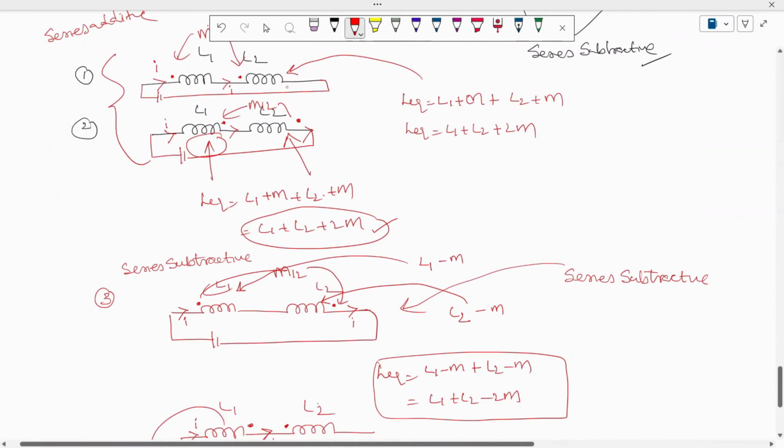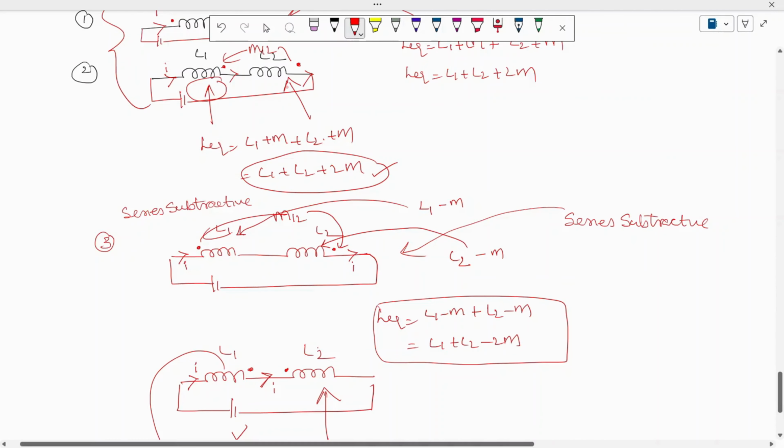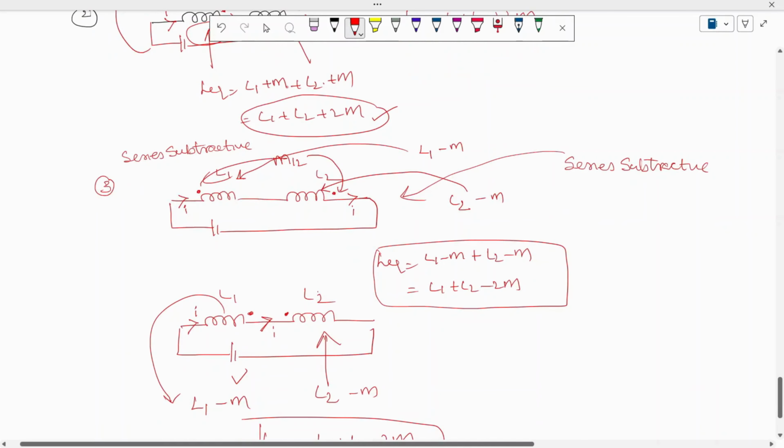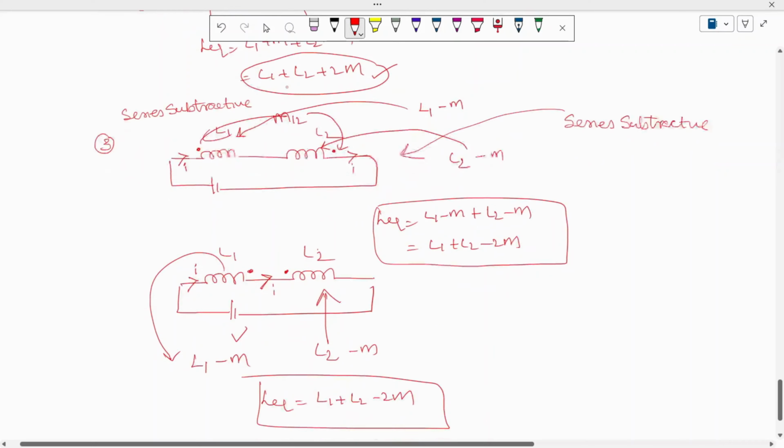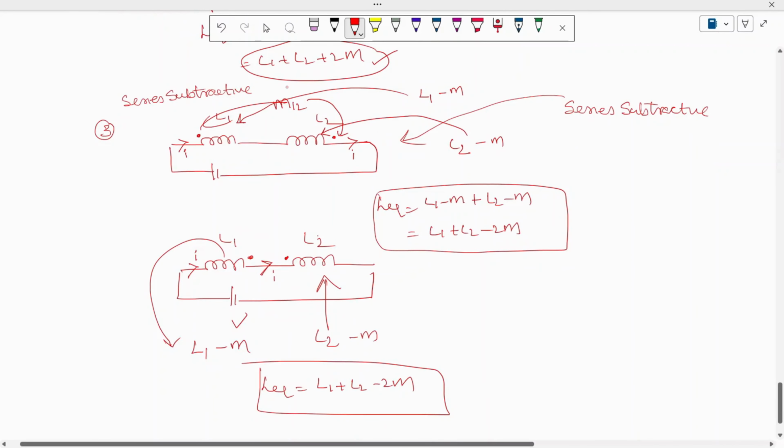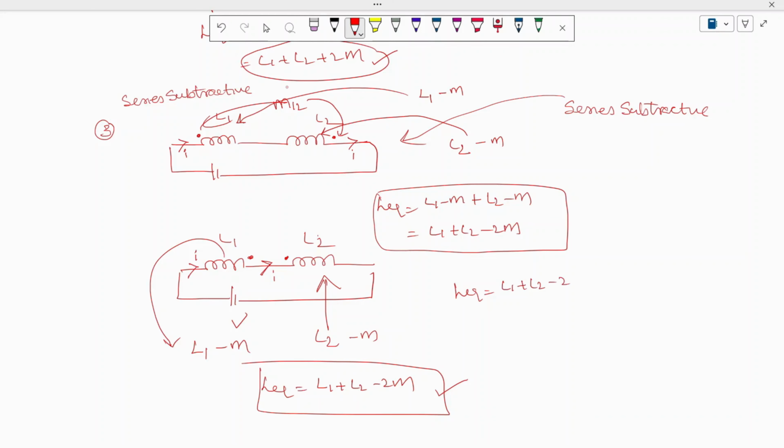But here current is entering one dot and leaving another dot. In this case, it is called series subtractive, and the inductance L equivalent is equal to L1 plus L2 minus 2M. Hope the concept is very clear.